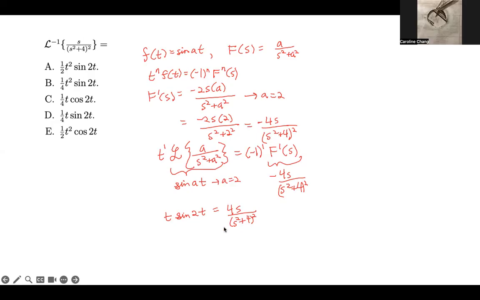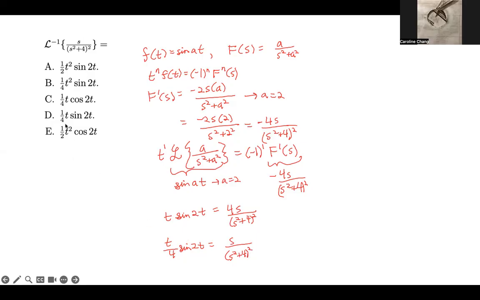And dividing both sides by 4, to get rid of the 4 over here, so that we have our original form, s over (s squared plus 4) altogether squared, on the right hand side, we will get t over 4 times sine 2t is equal to s over (s squared plus 4) altogether squared.